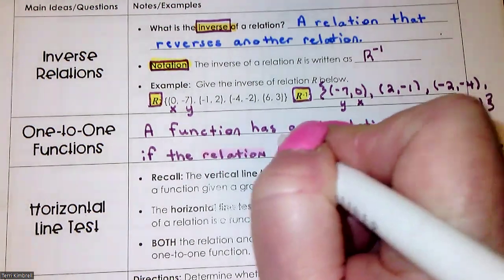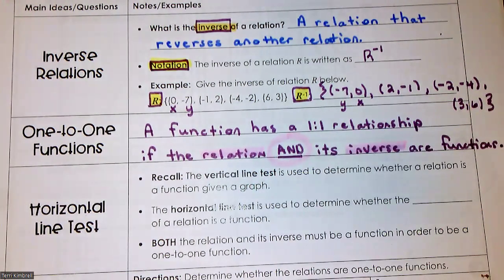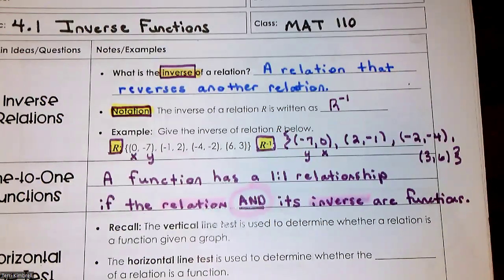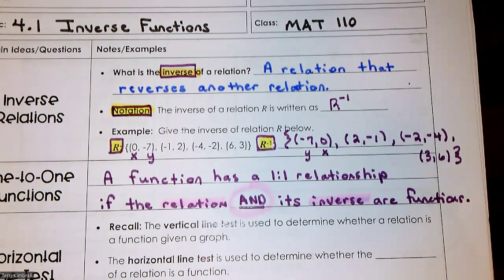So they both have to be functions. So that makes us think back to when you're looking at the question R and R inverse. How can you tell if those are functions?